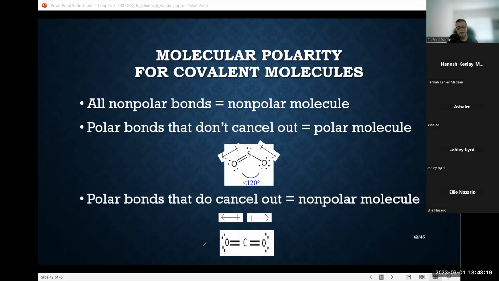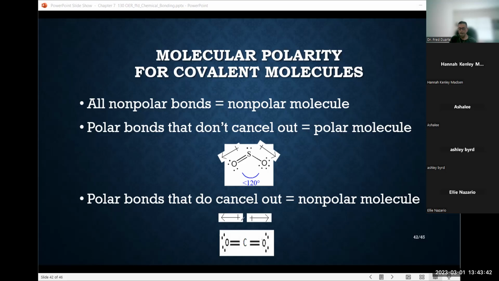Now, notice that when we look at the carbon oxygen bond on the right-hand side, do we not have a polar bond? Yes, it's a polar bond. And that arrow goes from left to right. When we look at the bond between the carbon and the oxygen on the left, again, we have a polar bond.